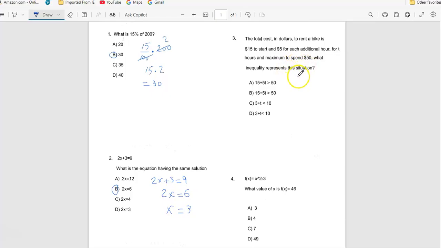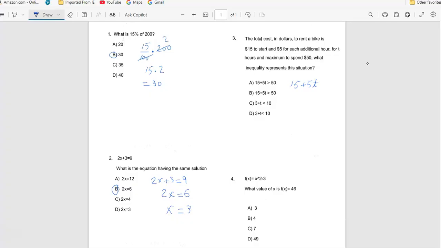What inequality represents this situation? Alright, let's find the total cost. We're going to pay $15, that is the initial amount, right? Plus what? $5 for each additional hour. So 5 times the number of hours, 5 times t. And that is the total cost.